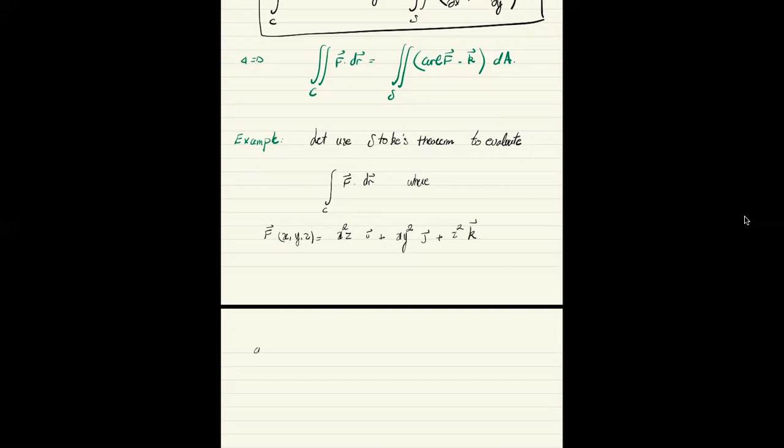Okay, and C is the intersection of the plane and the cylinder.